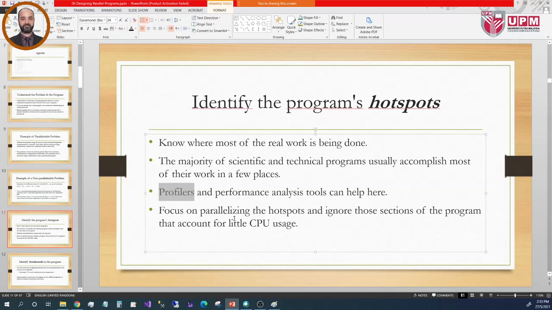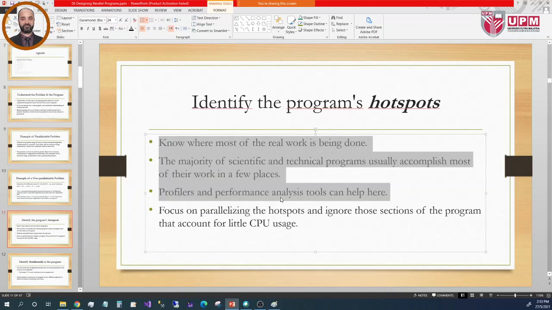Focus in parallel. Actually, I want to comment about this. Honestly, to make things run in parallel or to design parallel applications is not easy. It's not an easy way for the designer, for the system architect. So it's a long process.